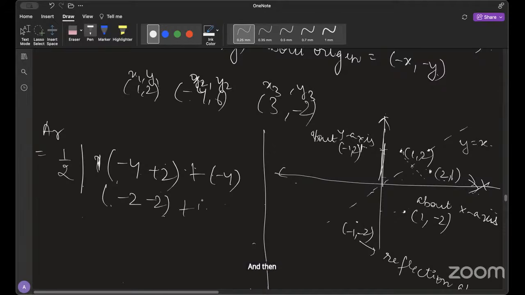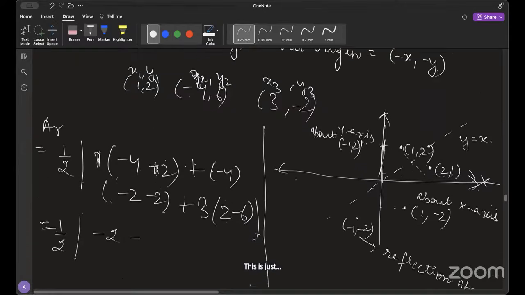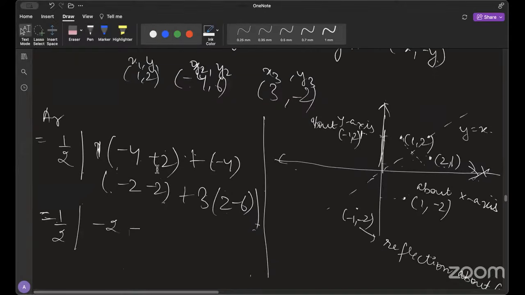And then finally we have 3, and we have 2 minus 6. This becomes this. This is half of minus 2, this is just plus 16.